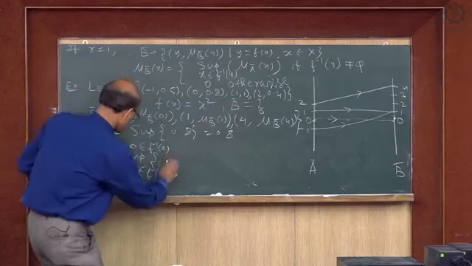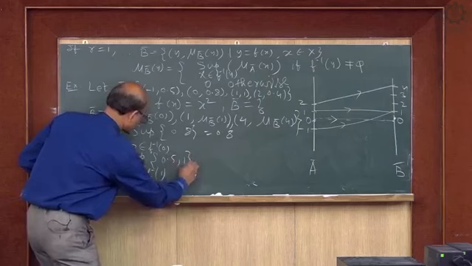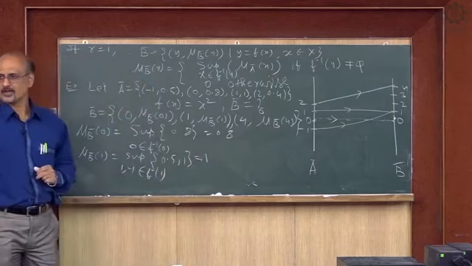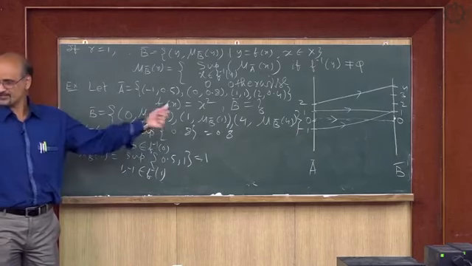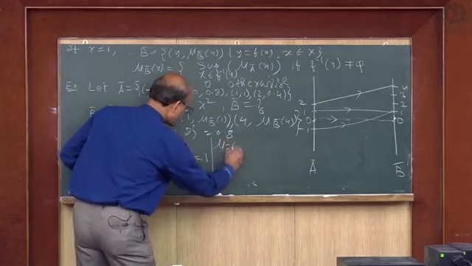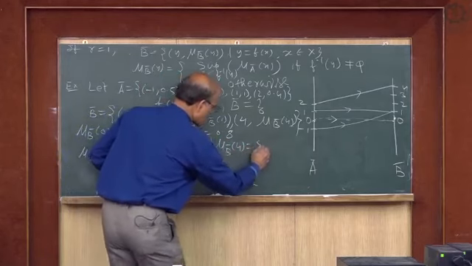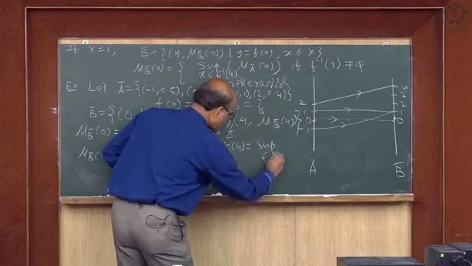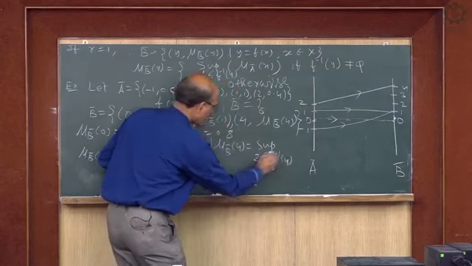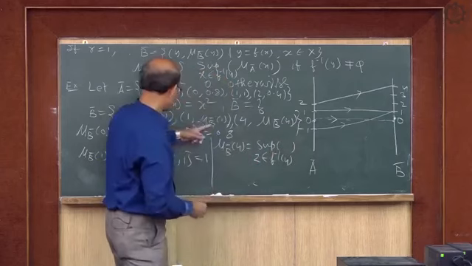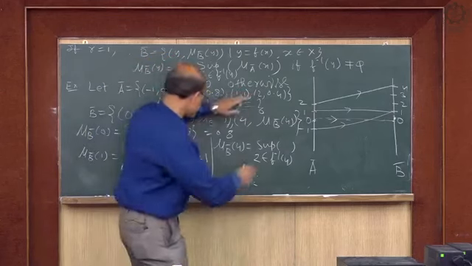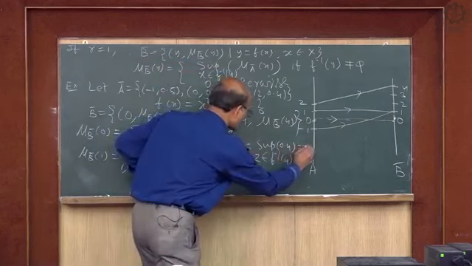So 0.5 and 1, so this is 1. Similarly, I can have mu B bar 4, which is sup of f inverse 4, and that is 2, and this is 0.4.